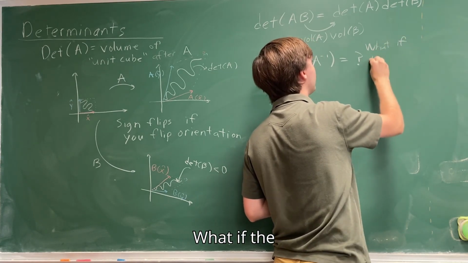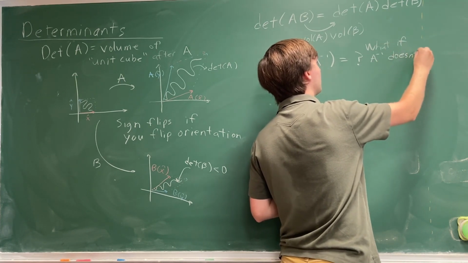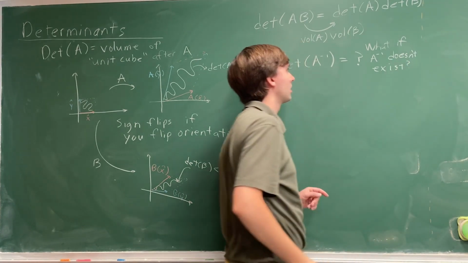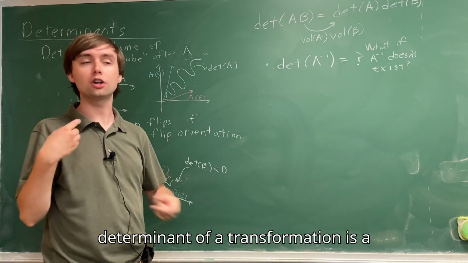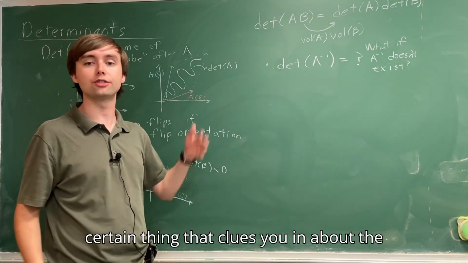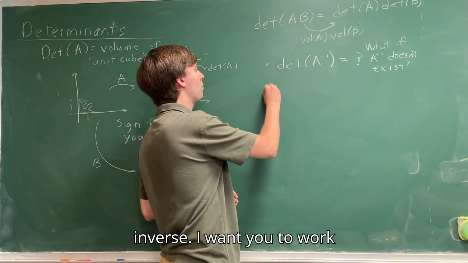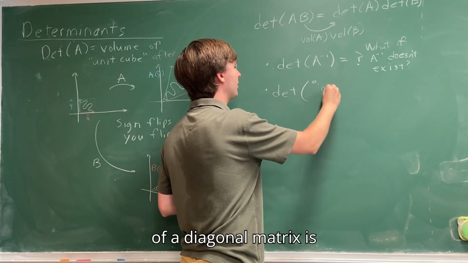What if the inverse doesn't exist? This has important clues about what if a determinant of a transformation is a certain thing, that clues you in about the inverse. I want you to work out what the determinant of a diagonal matrix is.